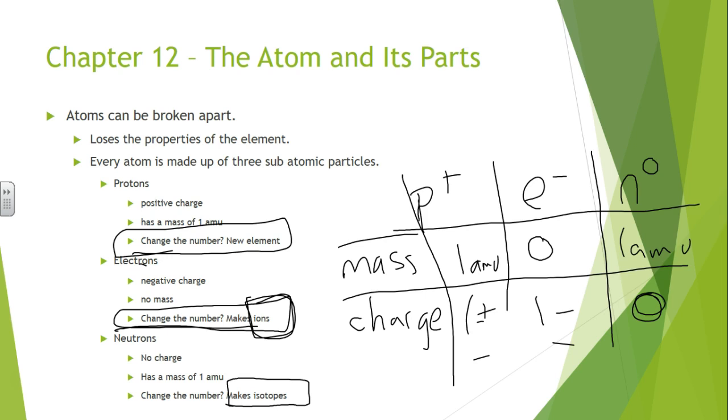They weigh a little bit, but not enough to matter, and they have a charge of -1. If we change the number of electrons, we make ions. Neutrons have a mass of 1 AMU, atomic mass unit, and have no charge. If we fiddle around with the number of neutrons, we have isotopes.